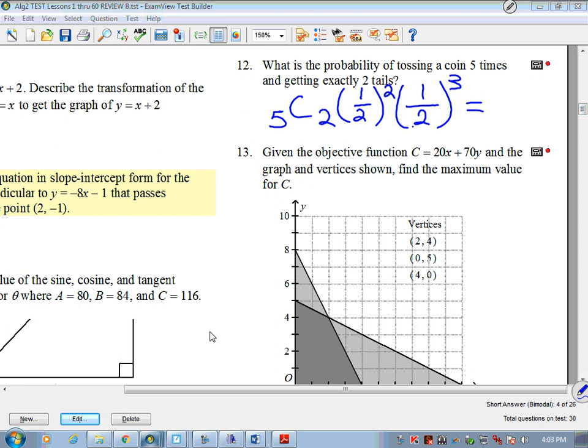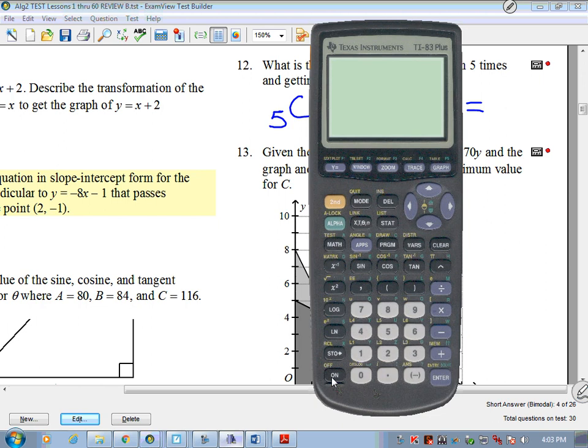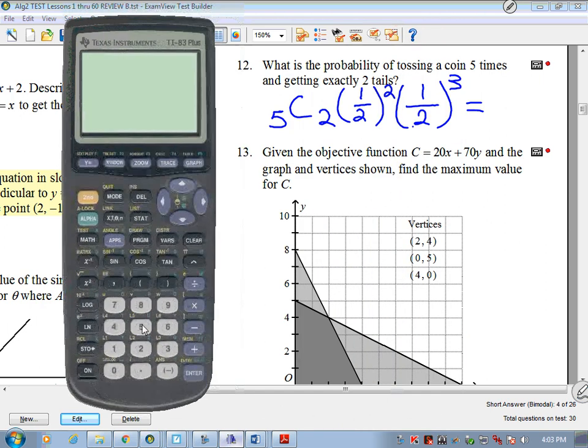I'm going to pull out my calculator to get that answer. You might be a little different on a newer calculator, but essentially I'm going to get 5 math probability NCR 2 times 0.5, which is 1/2, to the second, times 0.5 to the third.